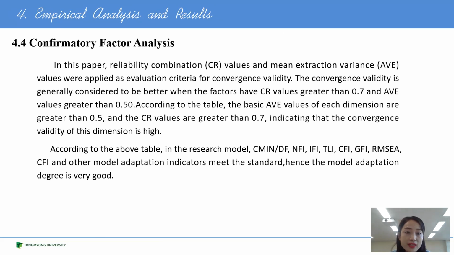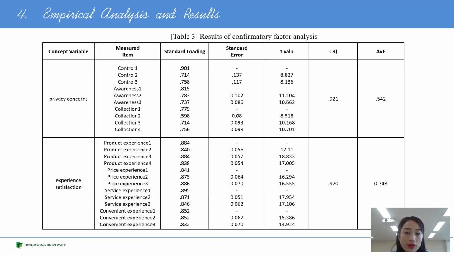Four, confirmatory factor analysis. The results of confirmatory factor analysis are shown in Table 3. According to the table, the AVE values of each dimension are greater than 0.5, and the CR values are greater than 0.7, indicating that the convergence validity of this dimension is high.